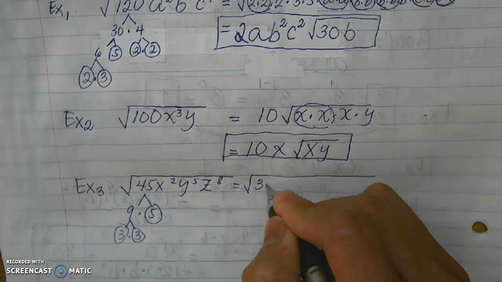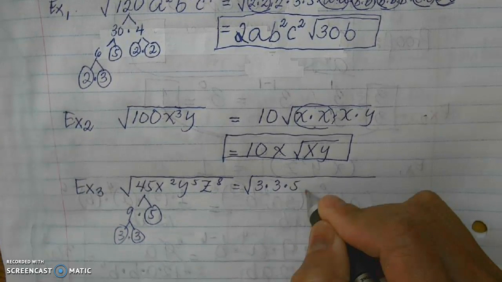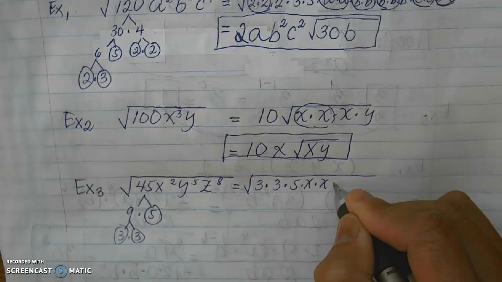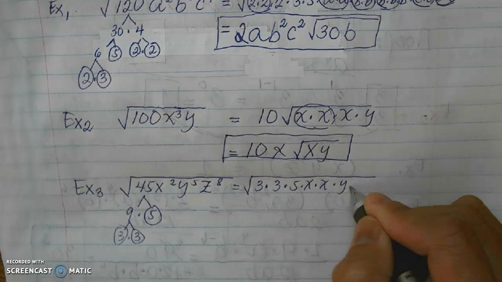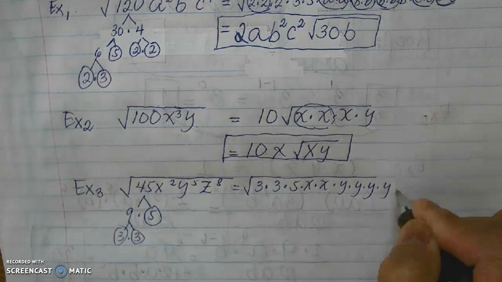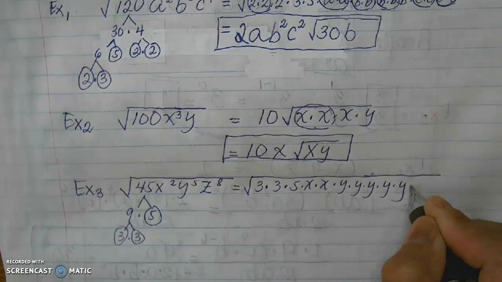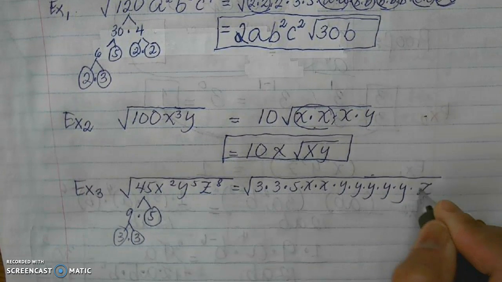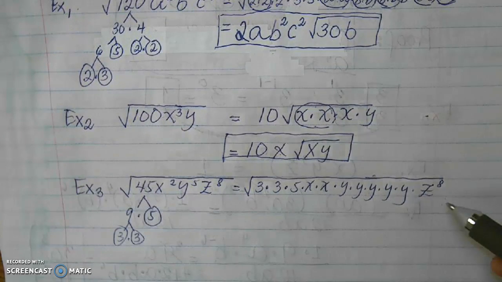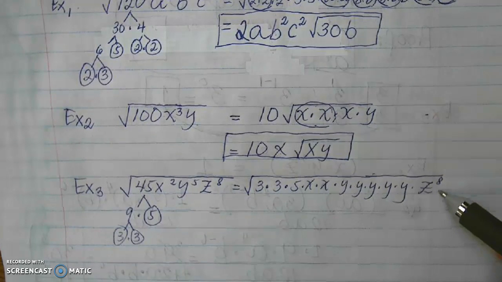3 times 3 times 5 times x times x times y times y. And then we have z to the 8. I would like to leave z to the 8 there because it is so much to expand. So at this point, I would like to ask you for a pattern.